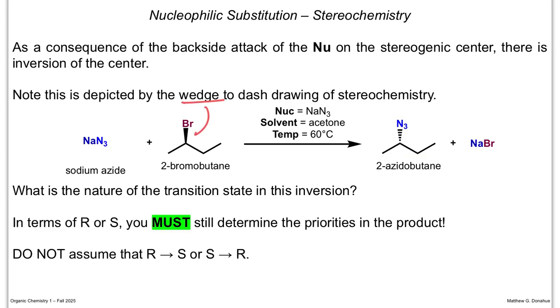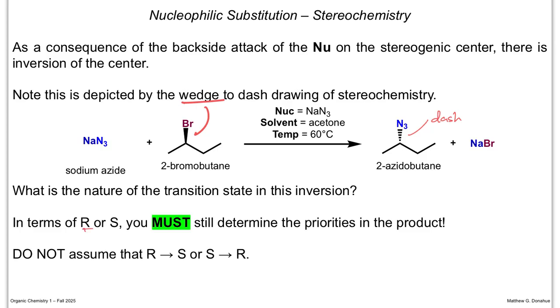There's the wedge, and here is the dash. Wedge is always out towards you, dash is away from you. So with just the bond drawings, you can see that it's been inverted. Now, we still have to validate that using the nomenclature.